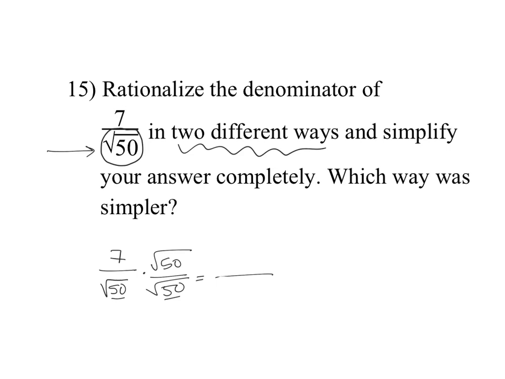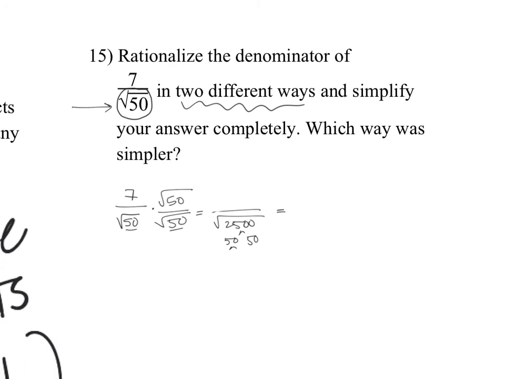So we have the square root of 2,500, but really that was 50 and 50, so you have your pair. Or maybe you want to keep going to the prime factors: 5 and 10, 5 and 10, 5 and 2, 5 and 2. So you could think, well, I have a pair of 5s, that would come out, I have another pair of 5s, that would come out, and then I have my pair of 2s, that would come out, with nothing left inside, which is really just 50.